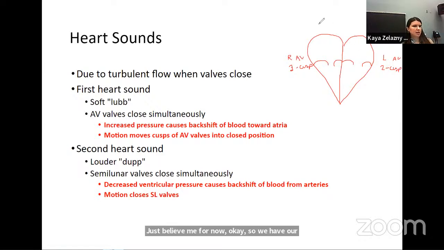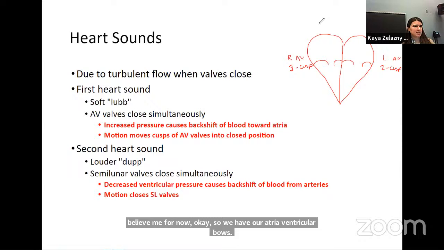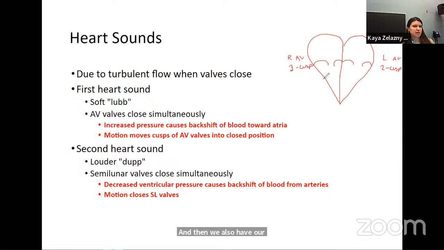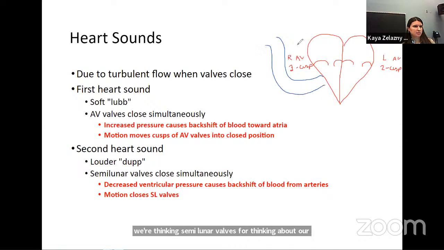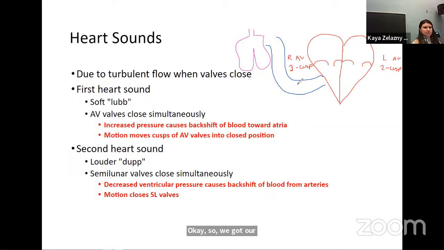And then we also have our semilunar valves. So when we're thinking semilunar valves, we're thinking about our pulmonary trunk going out to the lungs from the right side of the heart. I'll draw some lung. So we got our pulmonary trunk. It has valves in it.